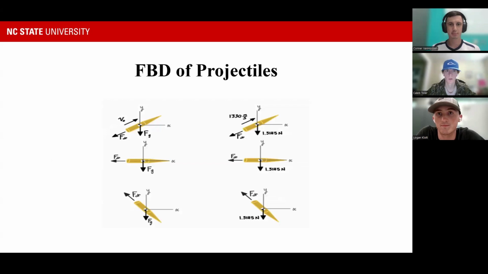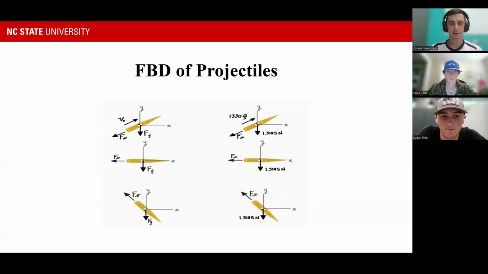So going over the FBDs of our projectile, the topmost FBD is the one showing the bullet just as it exits the barrel of the M2 Bradley. The second, or middle one, is showing the bullet when it's at max gravitational potential, or its max Y position.